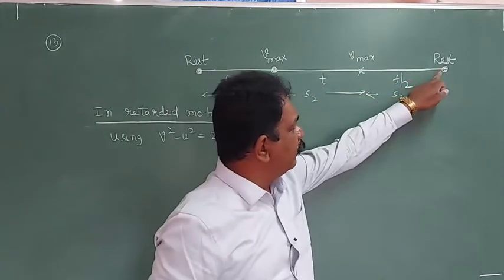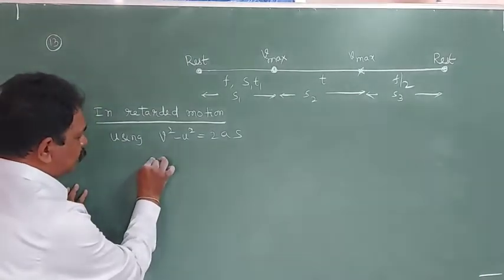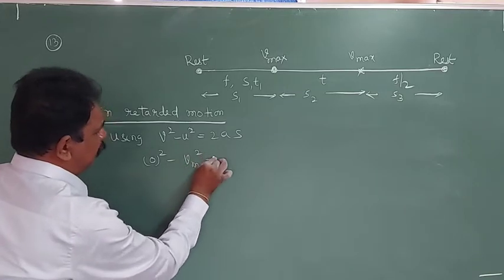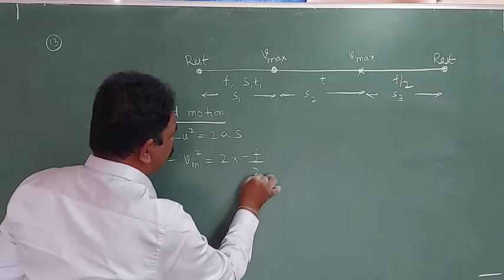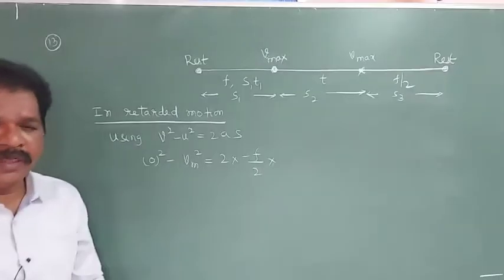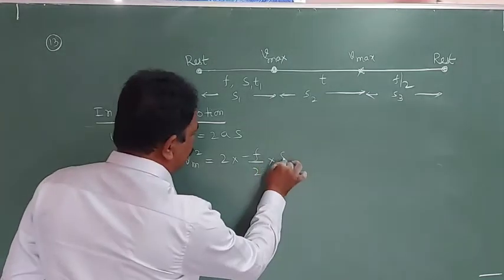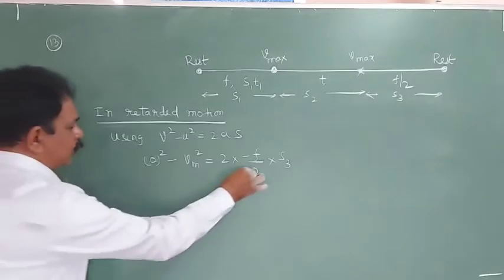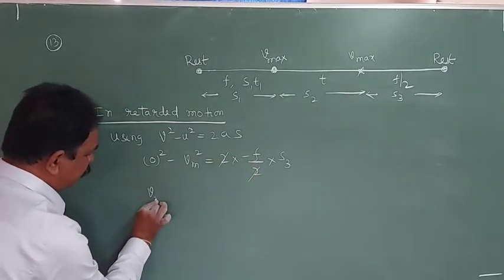This is final velocity, this is initial velocity. 0 square minus Vm square is equal to 2 into retardation. You have to take minus f by 2, and displacement I am assuming as s3. 2 will cancel, minus minus will cancel.